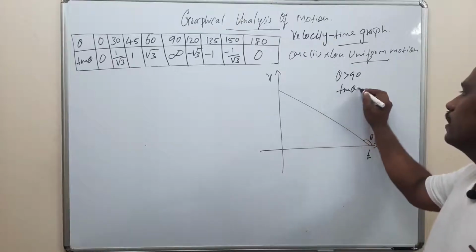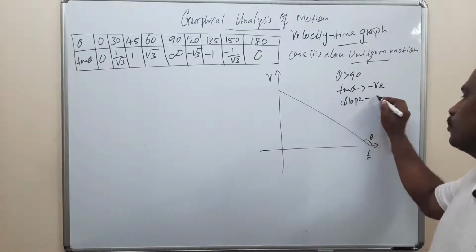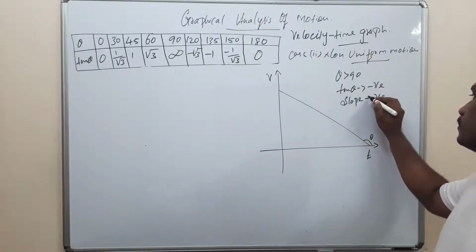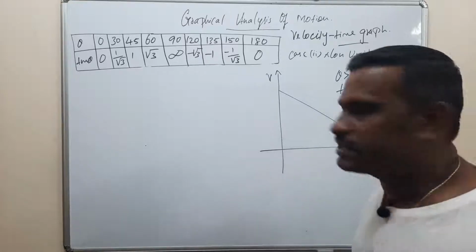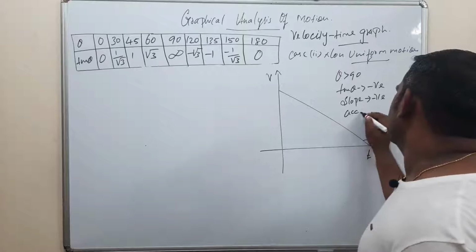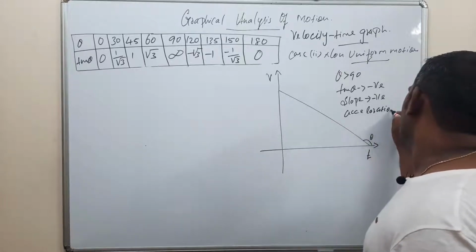Tan theta is negative, so the slope is negative. The slope of the velocity time graph gives the acceleration, so acceleration is negative.